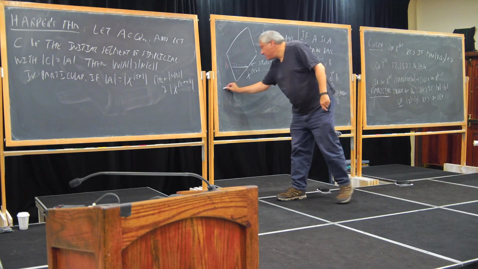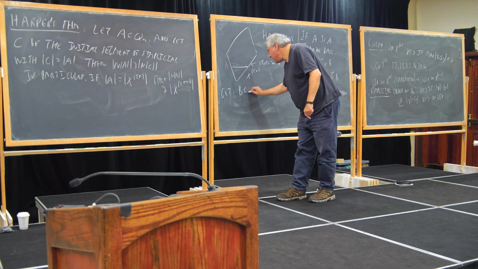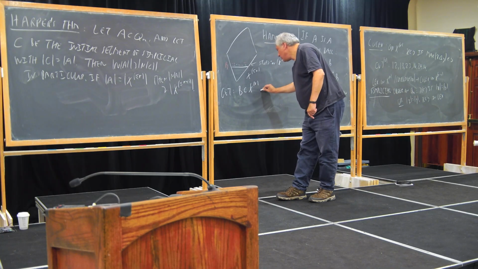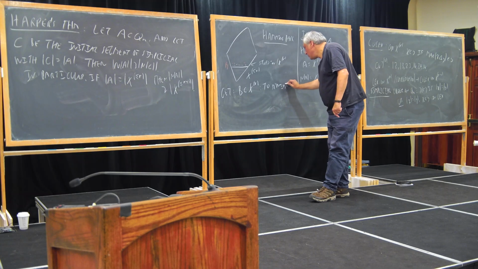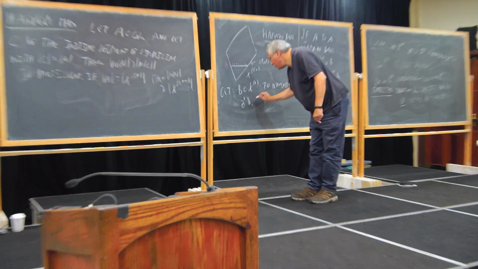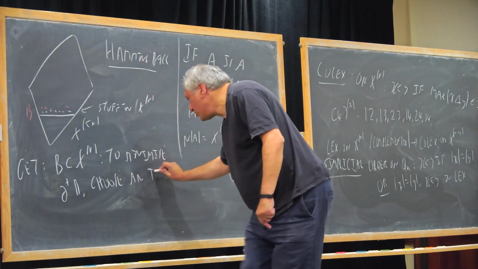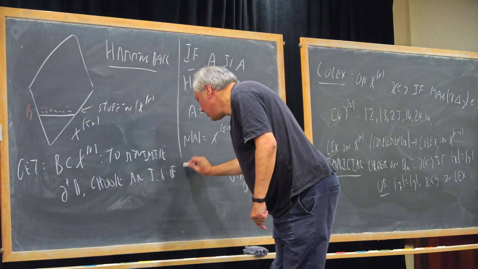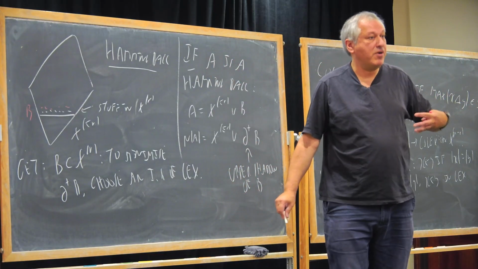So if I have a set B in X^(r), to minimize the upper shadow of B, choose an initial segment of Lex. That would follow, right? That would follow from Harper's theorem.